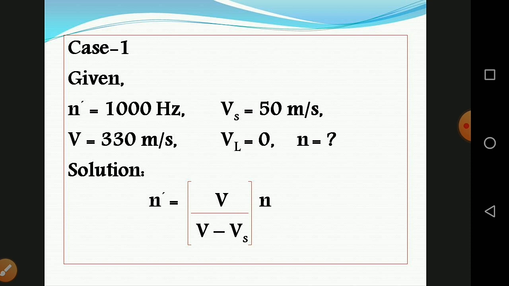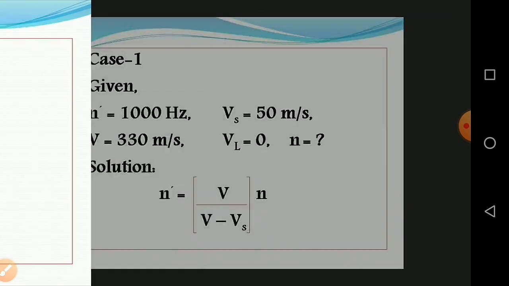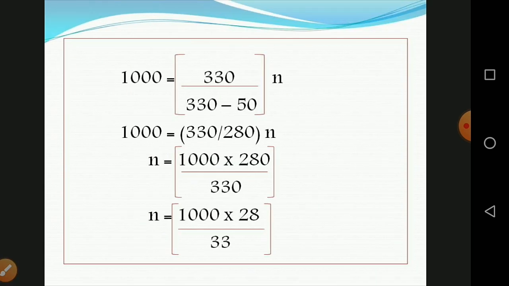So the formula is N dash is equal to V divided by V minus Vs into N. So N dash is 1000, equal to 330 divided by 330 minus 50 into N. And 330 minus 50 gives a value of 280.